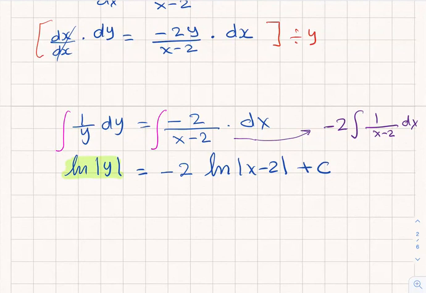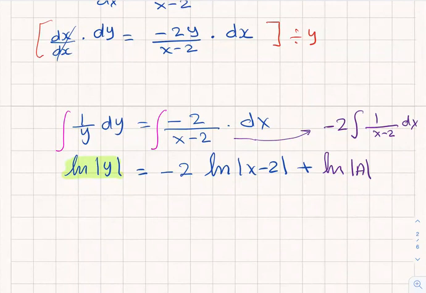So I will change the c into ln a. I changed the c now into ln a, because I have ln a here in green.